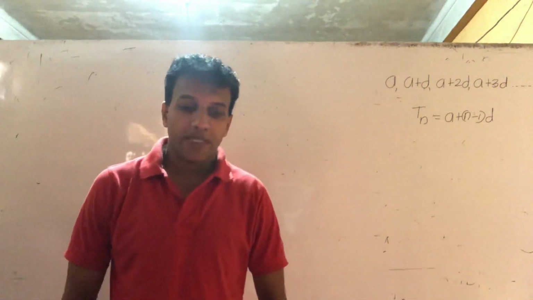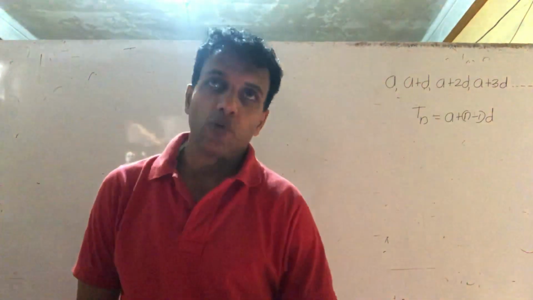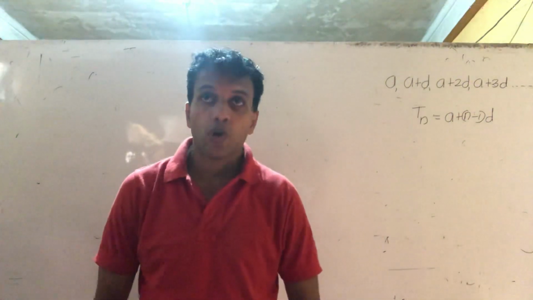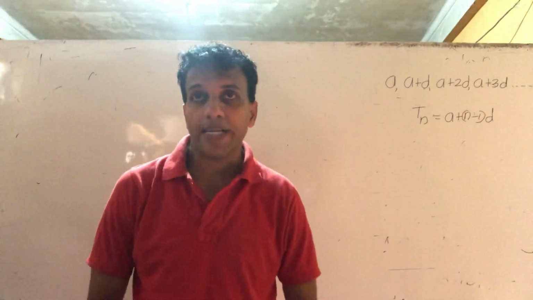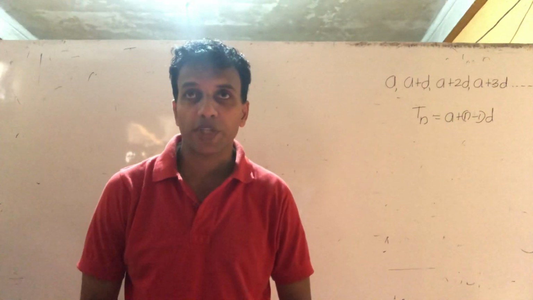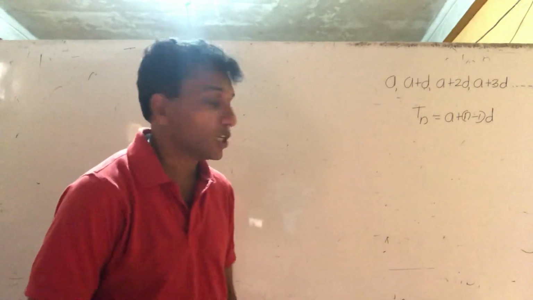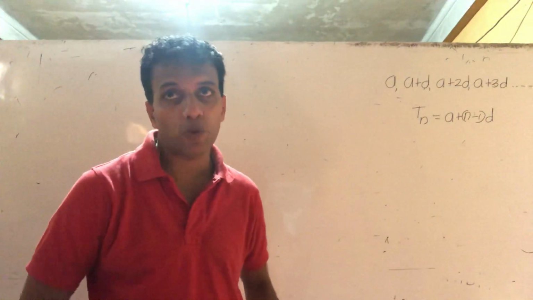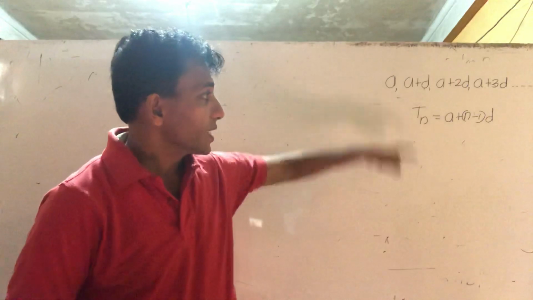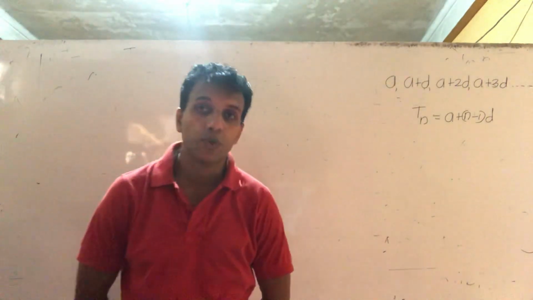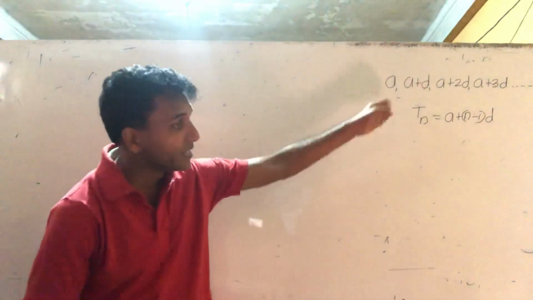Okay, this is my second video for the arithmetic progression grade 10 lesson. In the last video I showed the basic idea of the arithmetic progression, the series, how it progresses, and the terms you have to know in using problems. See, once again: a, a plus d, a plus 2d, a plus 3d.